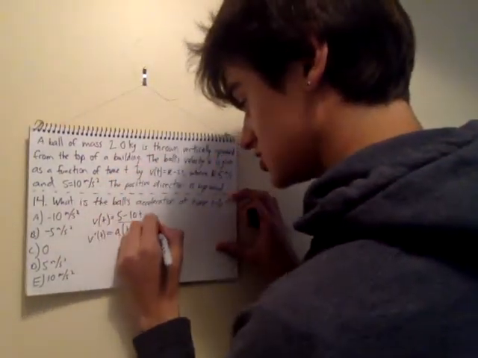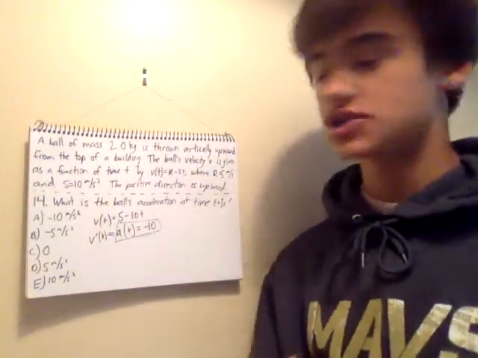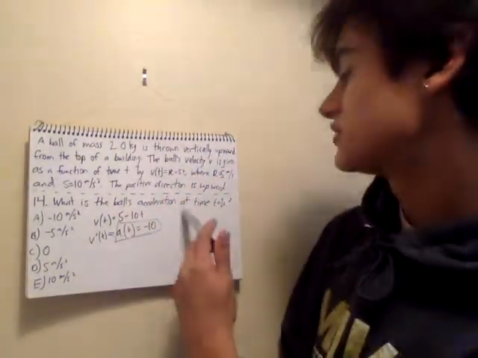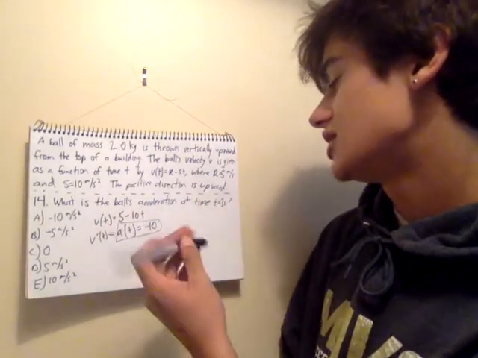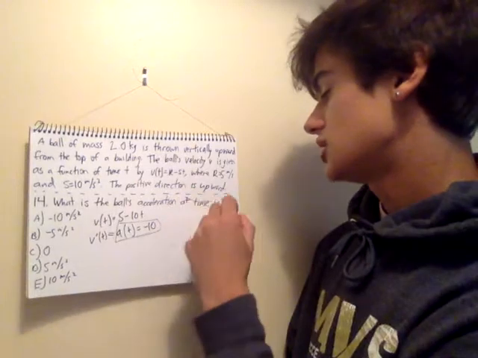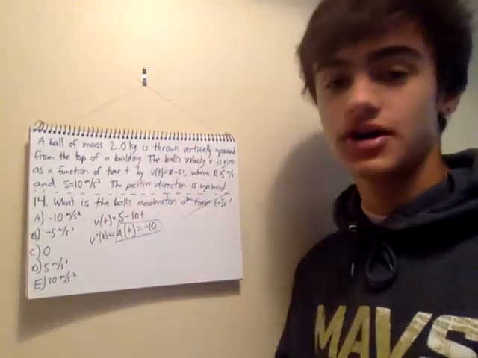So our function for acceleration is a constant. It's not changing. So this part of the question, what is the ball's acceleration at time t equals 1 second? It doesn't matter what time it's at. The acceleration is going to be constant at all times.